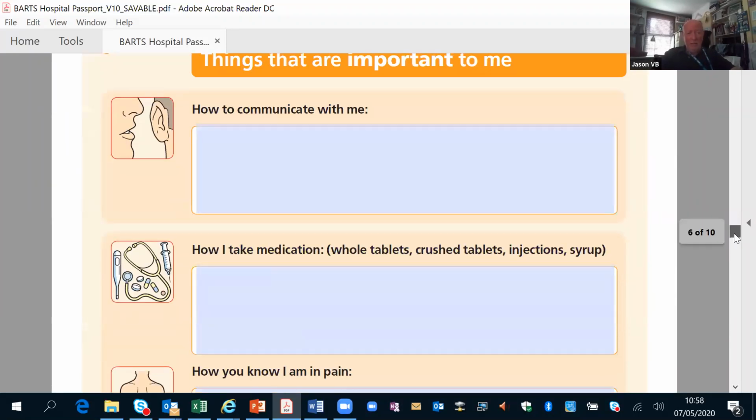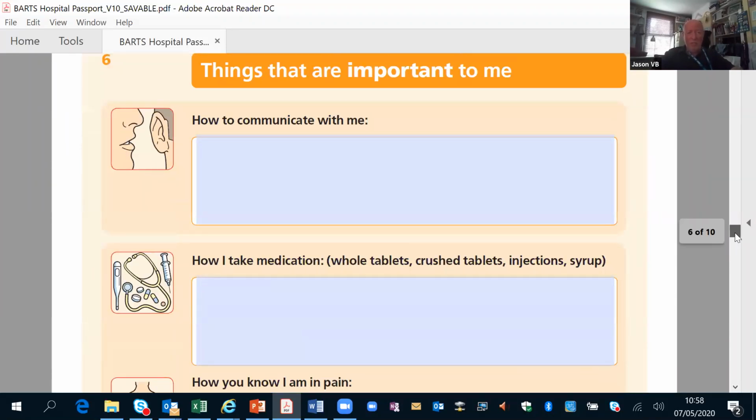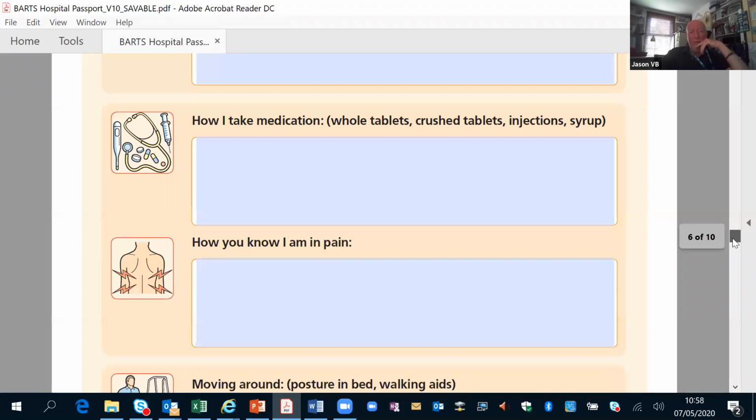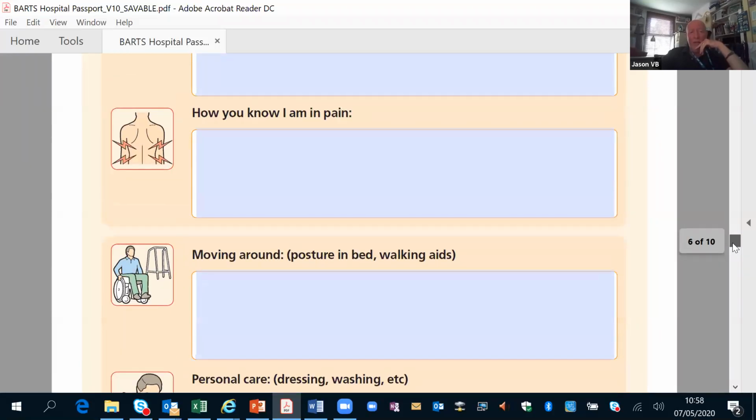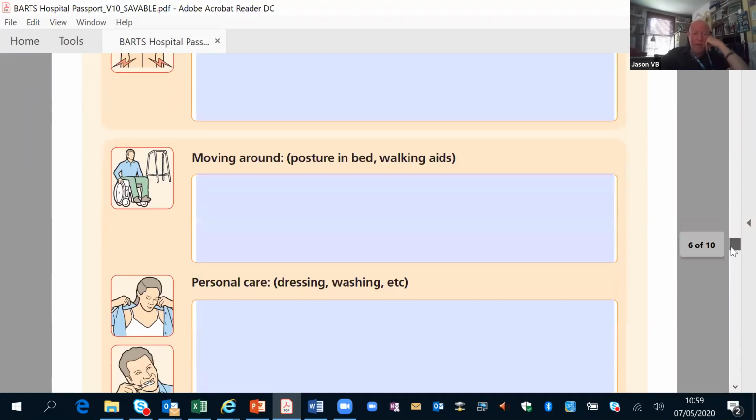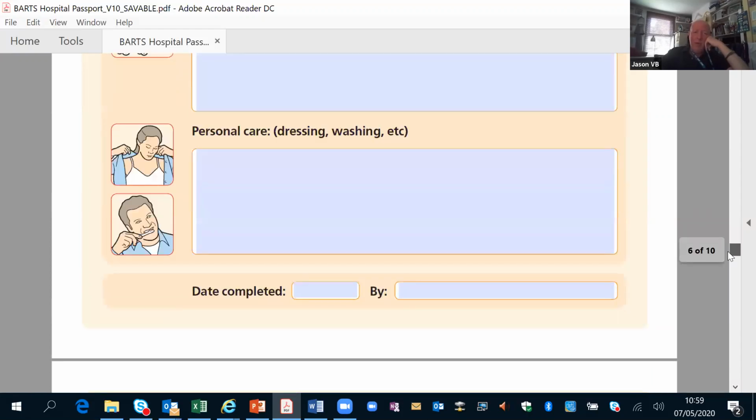We now get into the amber bit of the form, which is about, again, communications, how to communicate with me. And remember, this is a two-way process, so how you communicate with that person and how they communicate with you back as well. Medication, pain, Nicola's talked a lot about that. Mobility, personal care, and again, that's critical for baseline.